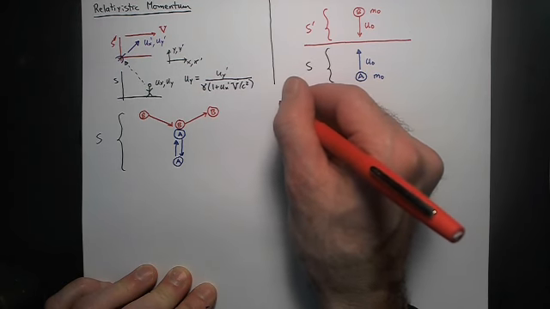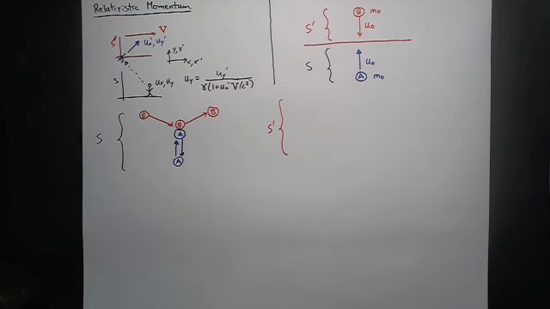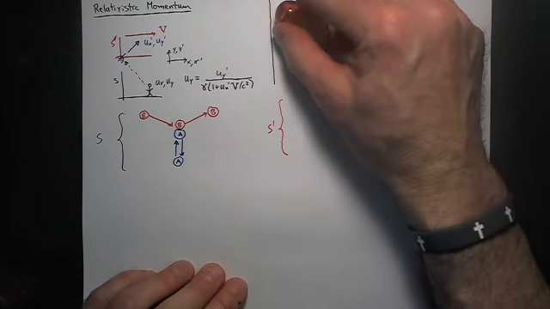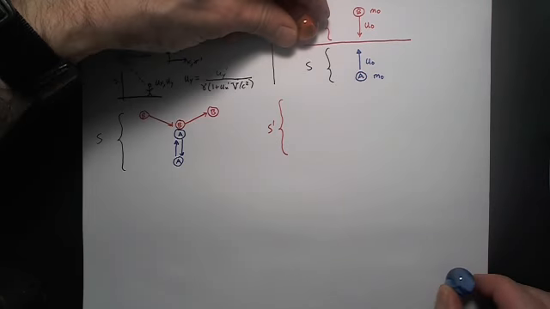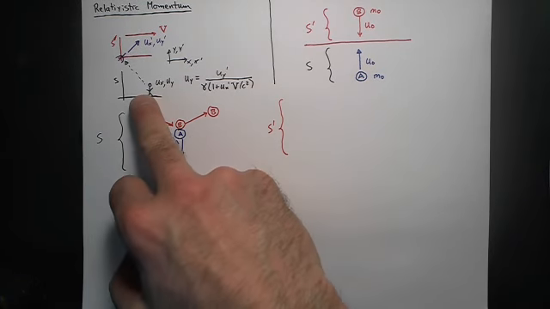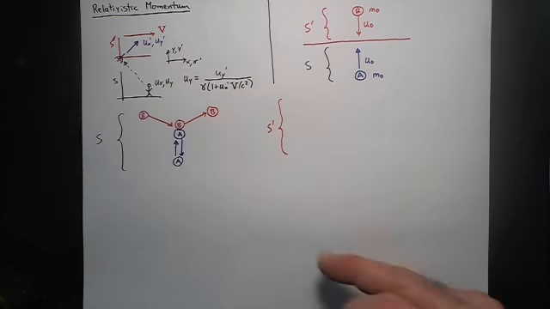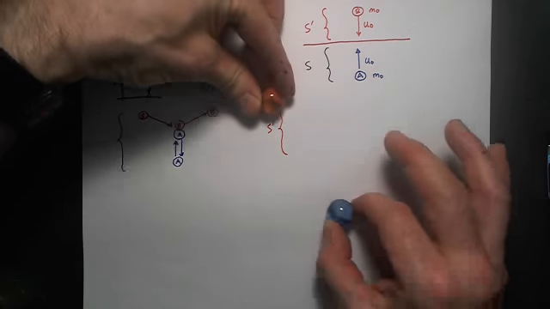This same sequence of events, we can portray in frame S prime. And as seen in S prime, ball B would go straight down, collide, and straight back up. Ball A has a velocity to the left because frame S is moving to the left relative to S prime. So the collision in S prime would look like this.